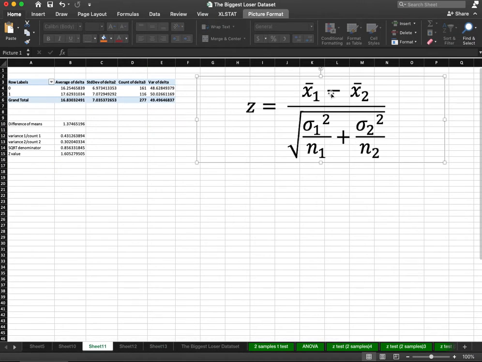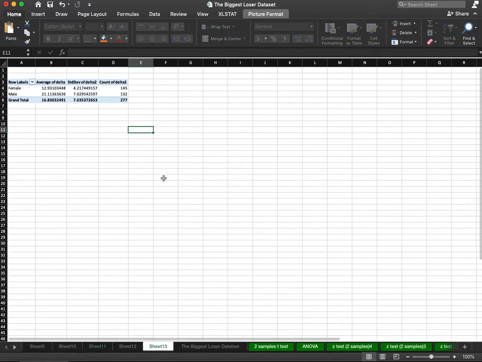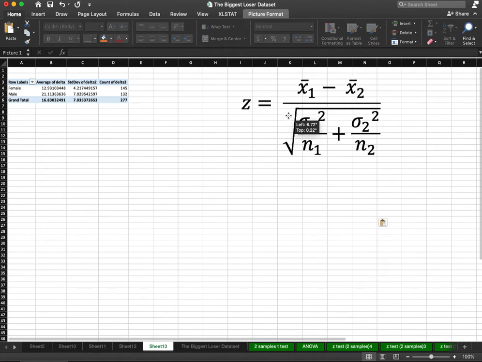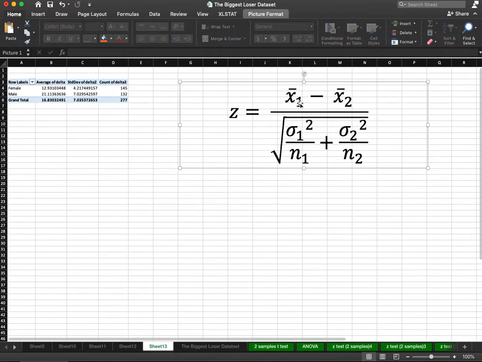It's this formula here. This is what's in our notes. Right? So mean 1 minus mean 2 divided by the square root of sigma 1 squared, that's the variance of group 1, over n1, plus sigma 2 squared, that's the variance of group 2, over n2.